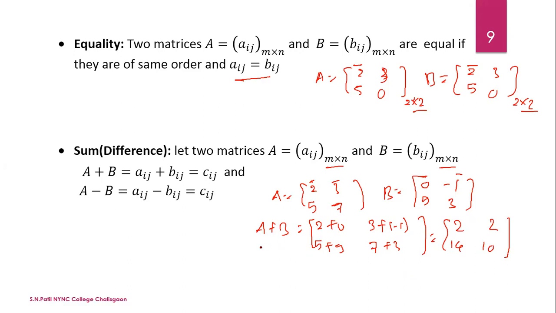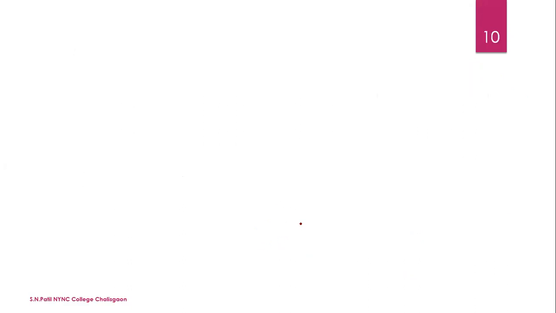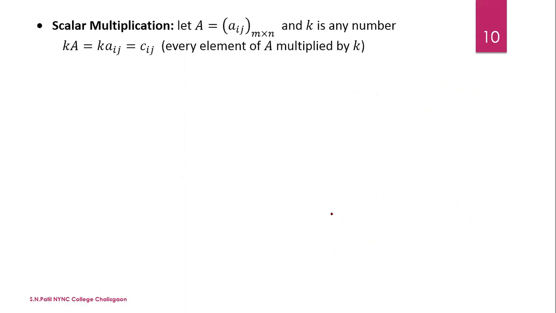Now next, scalar multiplication. In scalar multiplication, k is any number, and when k is multiplied to a given matrix, k is multiplied to every element of that matrix. For example, suppose A is equal to [3 5 7; 8 2 1].